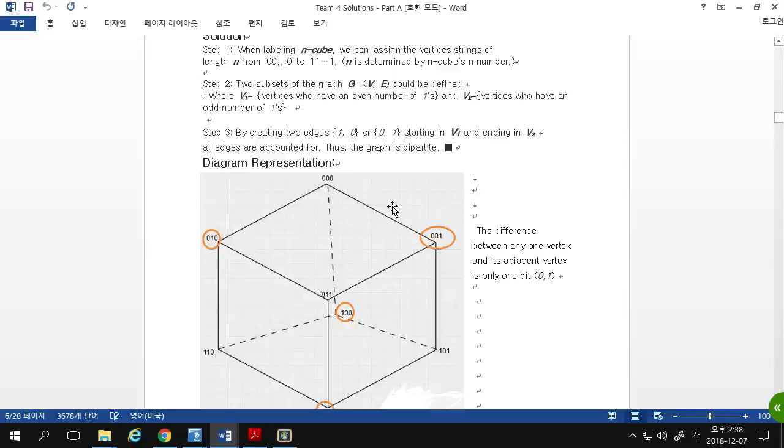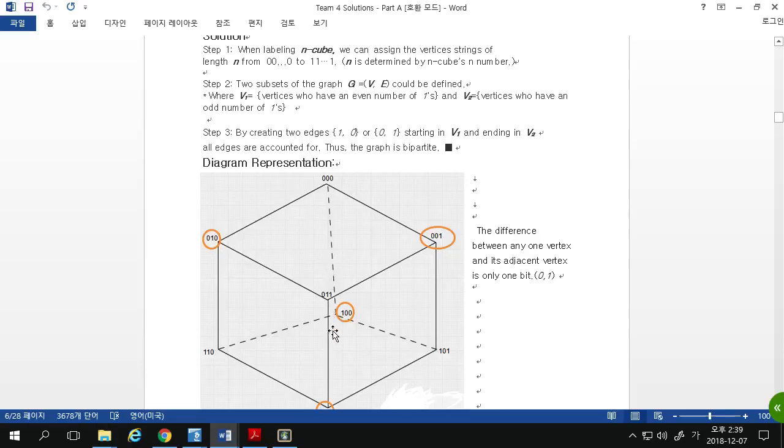In this problem, first of all, we have to define the points of the cube by binary numbers. Since we have 8 points, we will definitely need 3 bits of zeros and ones. So we define each point with 3 bits, and we define them such that each two adjacent points differ by 1 bit. As you can see here, 0, 1, 0 and 0, 0, 0 have 1 bit different.